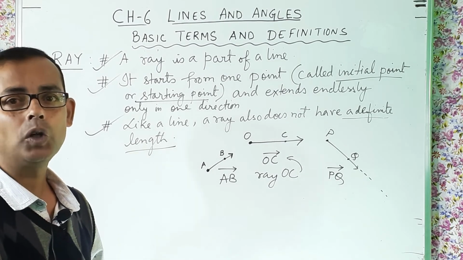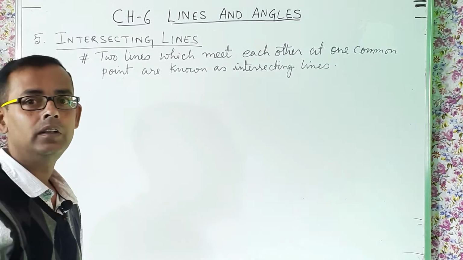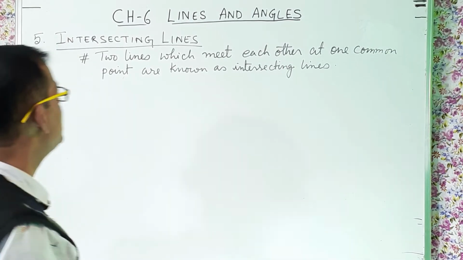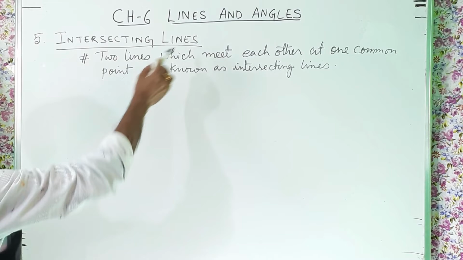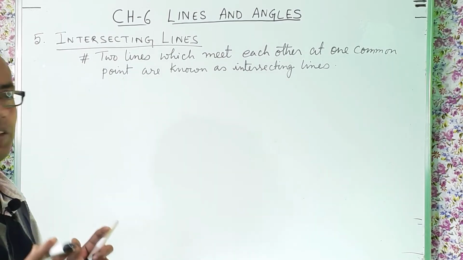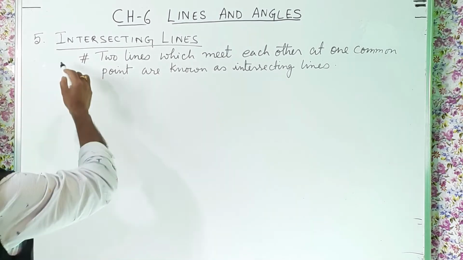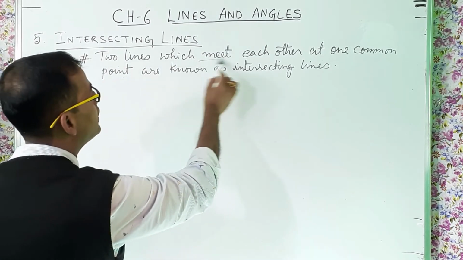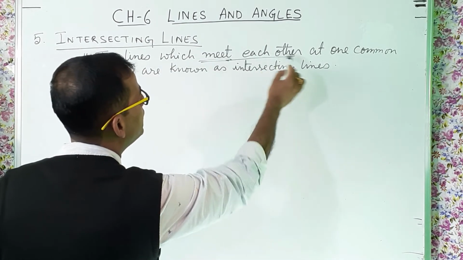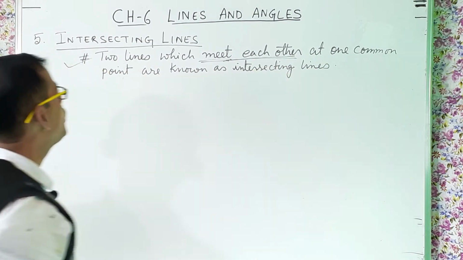Now we will move on to the next term. The next term is intersecting lines. We must understand what intersecting lines are. Two lines which meet each other at one common point.